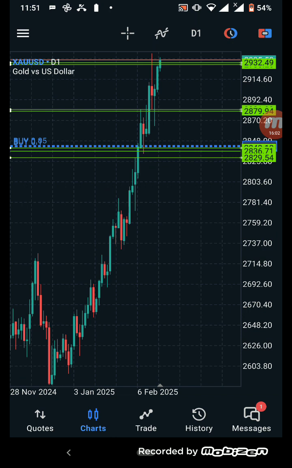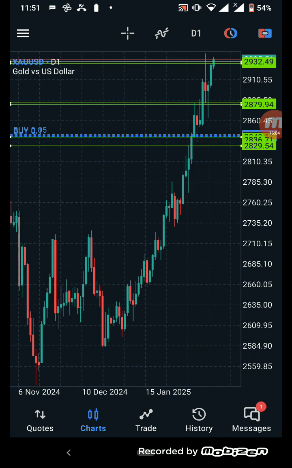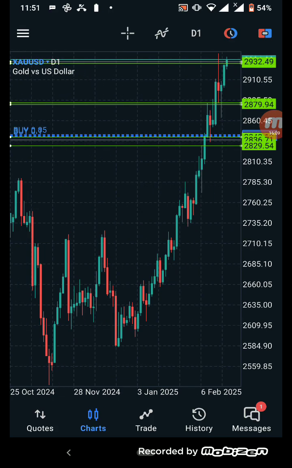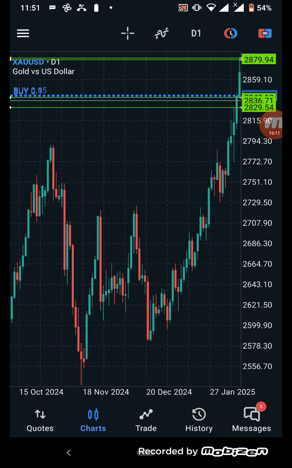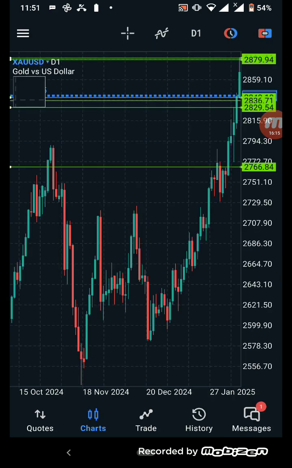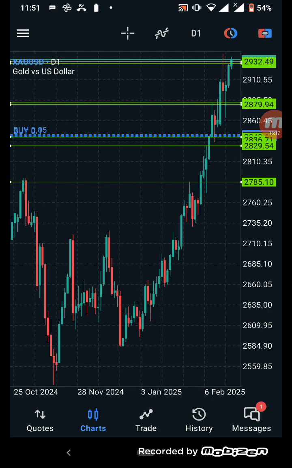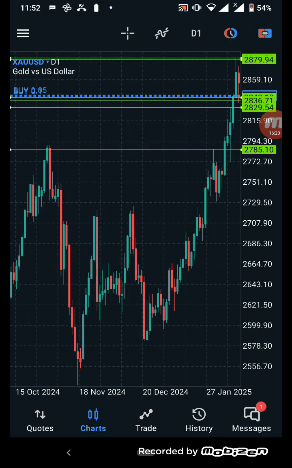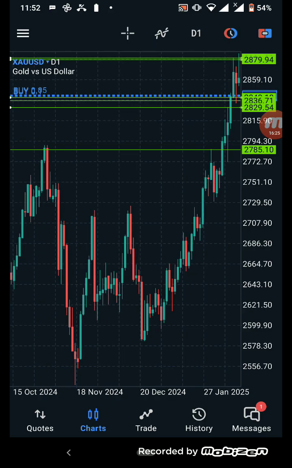After that, you have to notice the key levels where the market has respected a lot. So for example, the market has respected this zone. You can see at some point it touched this zone and bounced back.